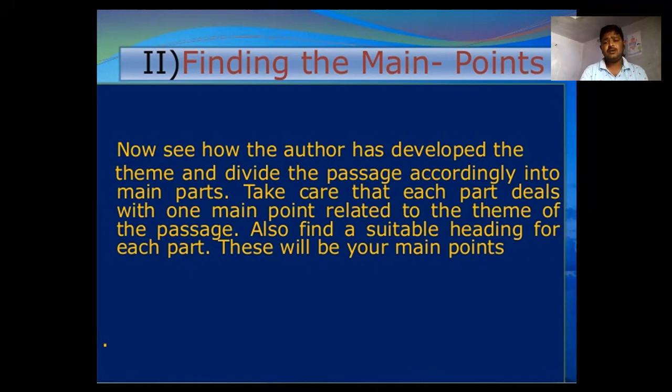This will be your main points. Finding the main points means seeing how the author has developed the theme, that is, how the passage is developed and how the author explains something in the passage, and dividing the passage accordingly into main points.